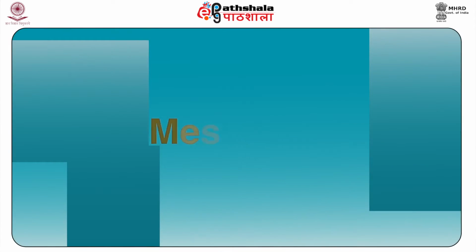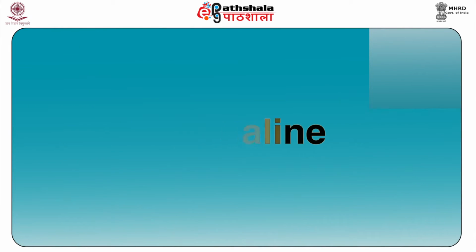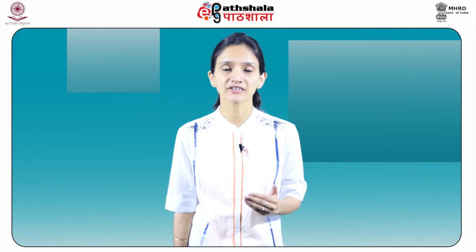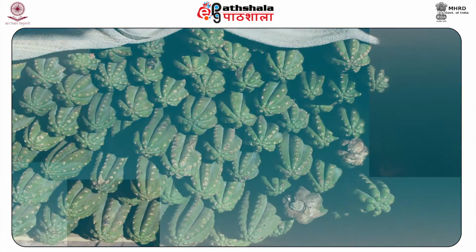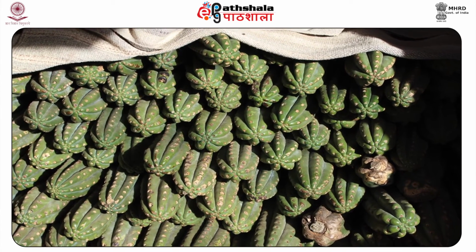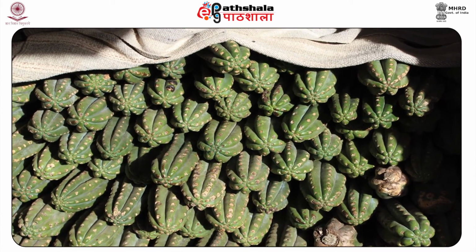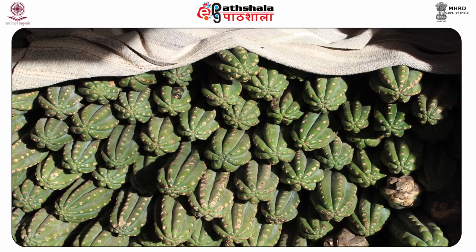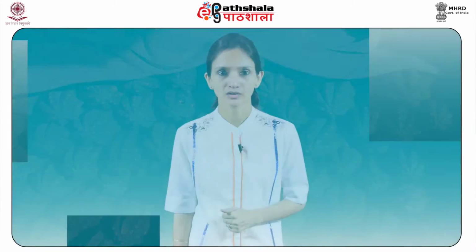Next is mescaline. Mescaline is a phenylalkylamine that was isolated in 1896 from the Mexican peyote cactus. The scientific name is Lophophora williamsii, growing in the deserts of Central America. Of the 4 alkaloids, mescaline is most important.